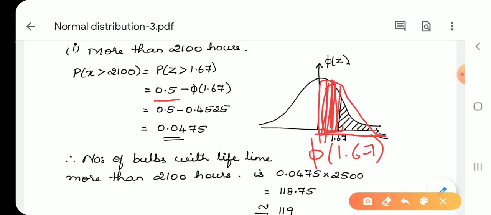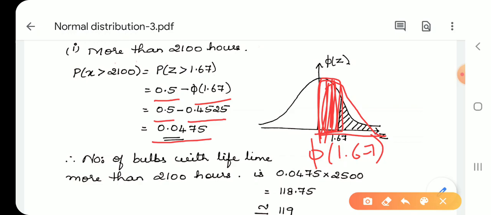That is from here to here, the area will be phi of 1.67. So 0.5 minus phi of 1.67, using the probability table we get 0.4525. So 0.5 minus 0.4525 gives 0.0475. So the probability of the bulbs with a lifetime more than 2100 hours is 0.0475.